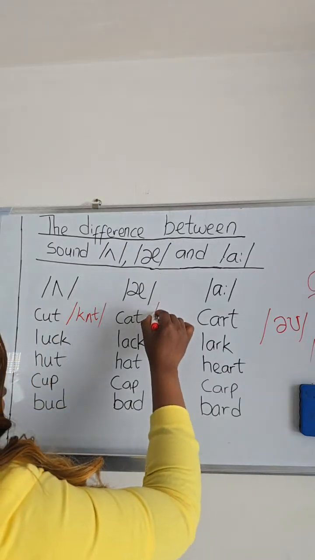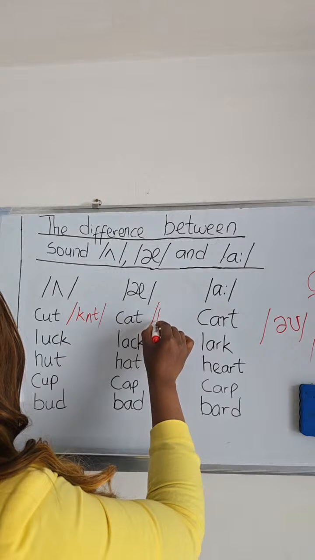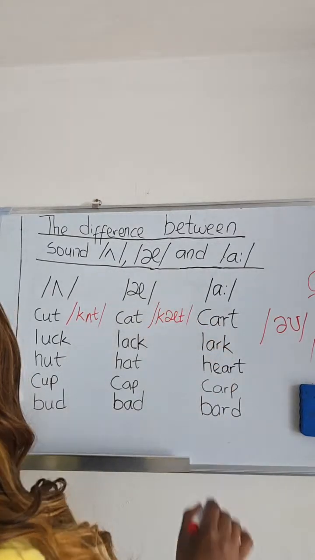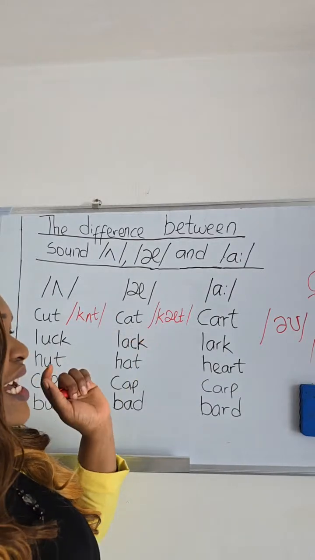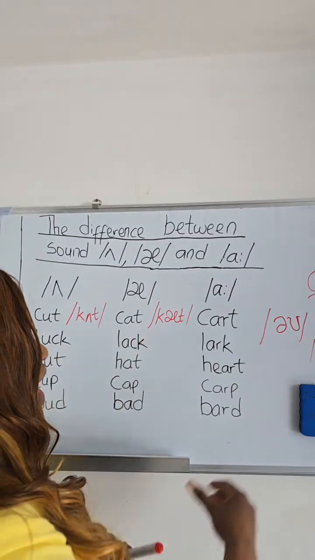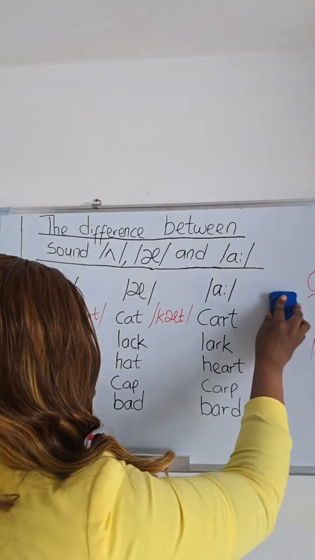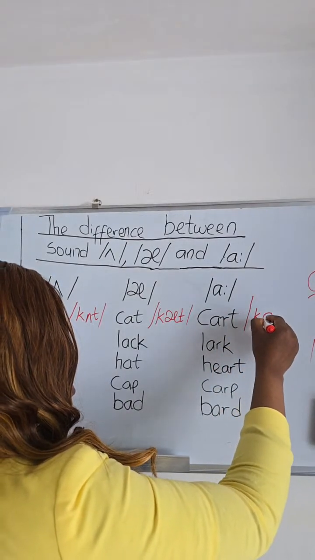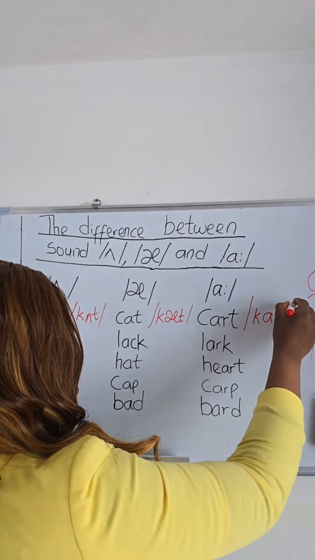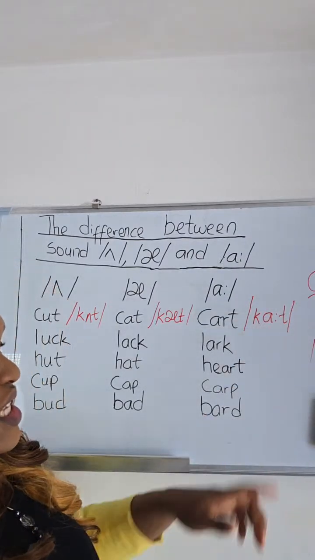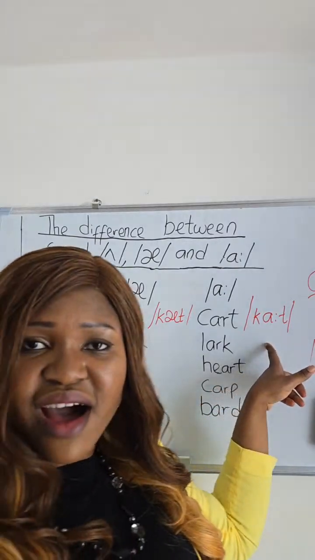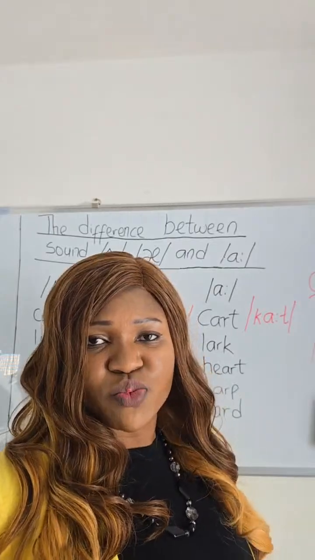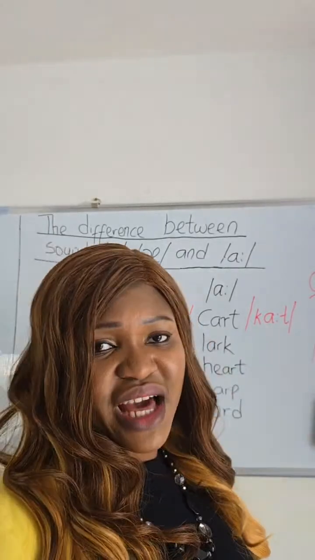If the word is transcribed this way, it means it is this sound, cat. If the word is transcribed this way, it means it is the long sound, cart. This is how you know how to pronounce these sounds.